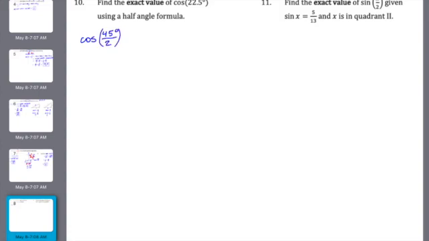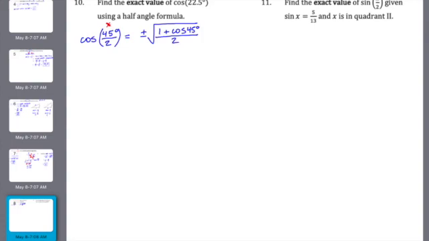Because then we can use the half angle formula for cosine, which says plus or minus the square root of 1 plus cosine of x. Well, in this case, our x is just that 45 degrees. So I'm going to plug that in right away. And that is all over 2.